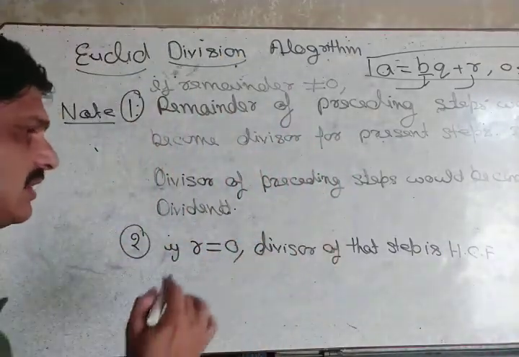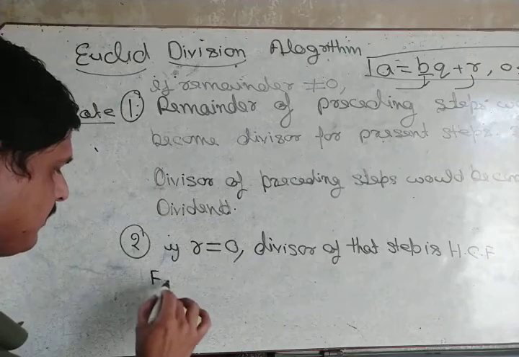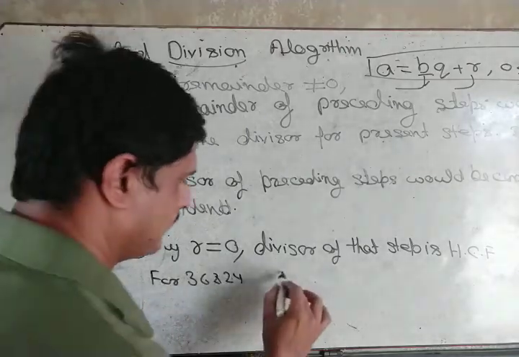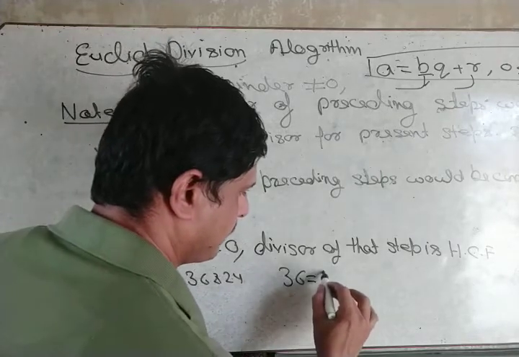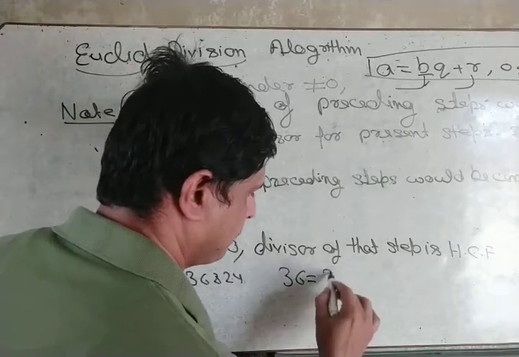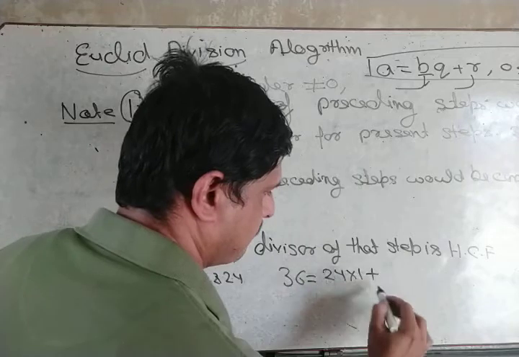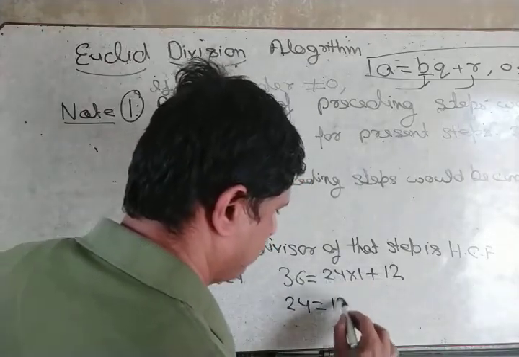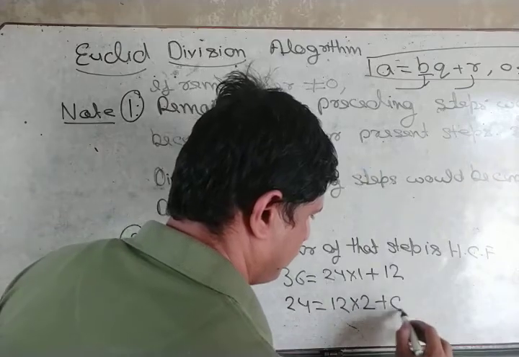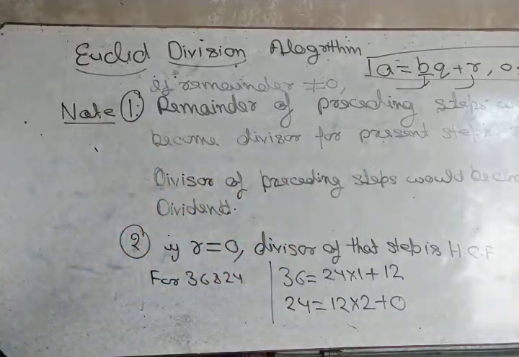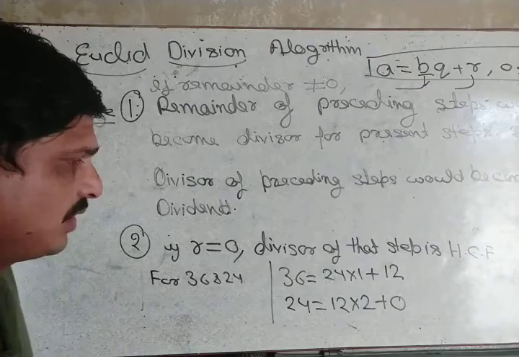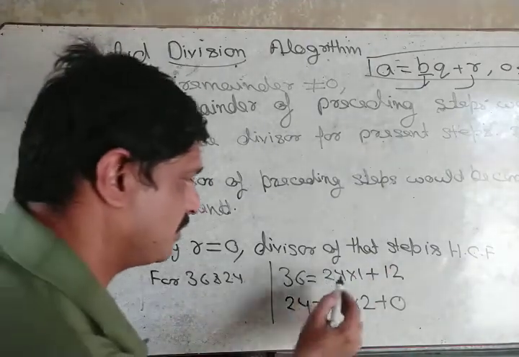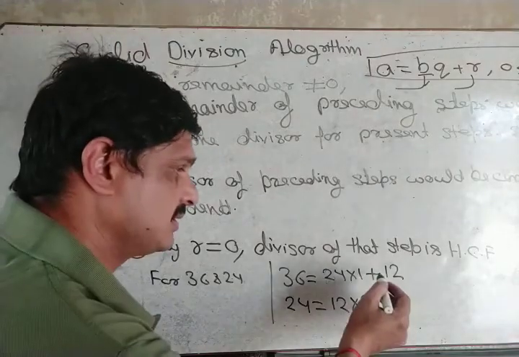For 36 and 24, in the first step, when we divide 36 by 24, remainder is 12.